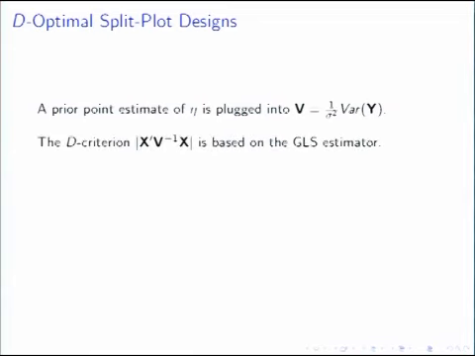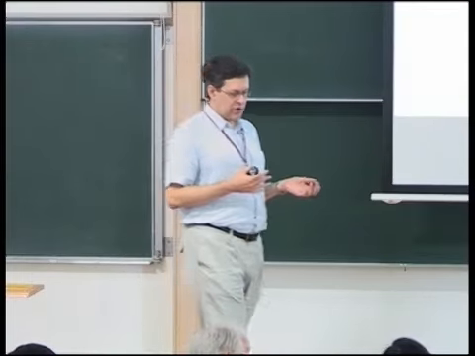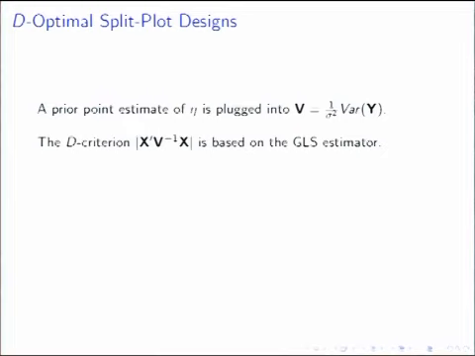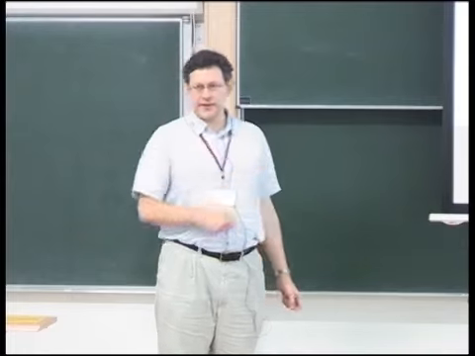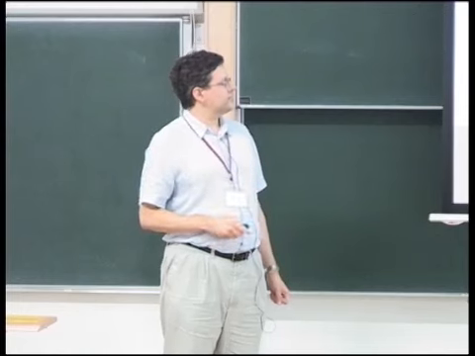And then think of generalized least squares estimation. The data from such designs are typically these days analyzed using REML, residual maximum likelihood, to estimate the variance components, and then plugging these estimates into a generalized least squares estimator. And the variance-covariance matrix of the generalized least squares estimator has the form given here. And then we take the determinant of that, which is the usual D criterion.